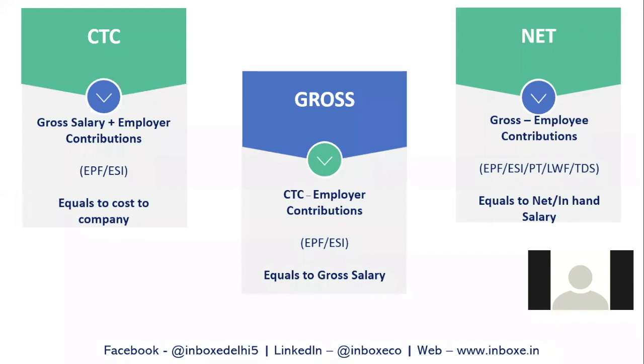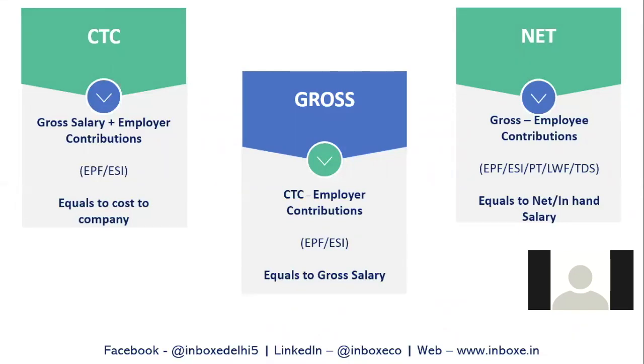That is the employer contribution, and the employee also has deductions as per government norms. So the employee also needs to contribute to PF and ESIC, then PT, which is professional tax, then LWF, which is labor welfare fund, and TDS if applicable based on the salary. After all these deductions from the employee's gross salary, the employee receives the net salary.